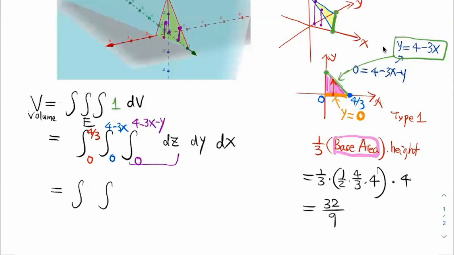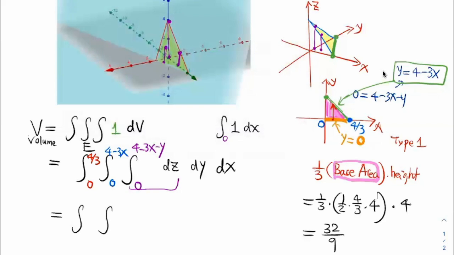Remember, when you're integrating 1 dx, x going from a to b, that is just b minus a. So that will be 4 minus 3x minus y. So the innermost integral becomes 4 minus 3x minus y.